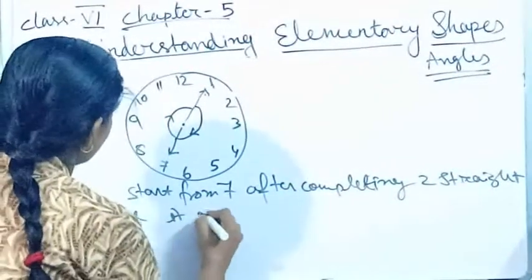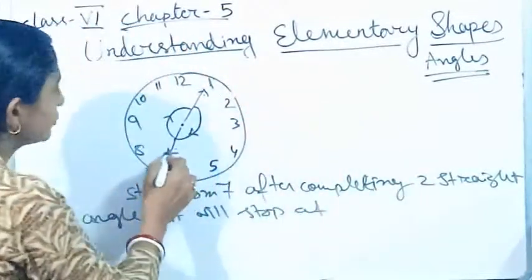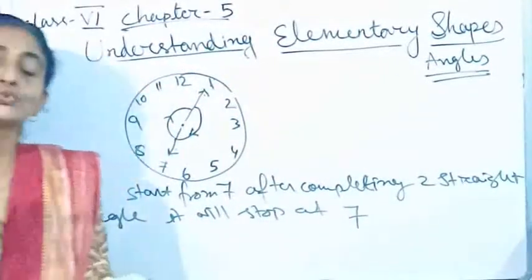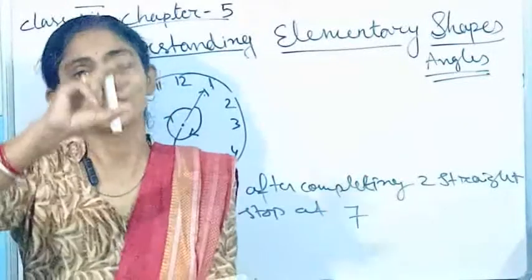It will stop where it will come back, at 7. Yes, 2 straight angles means it will complete a complete revolution.